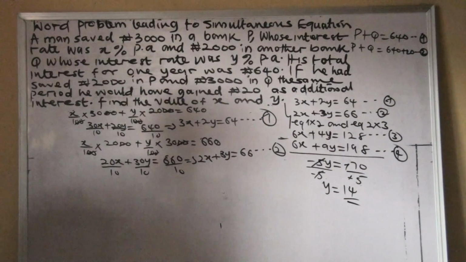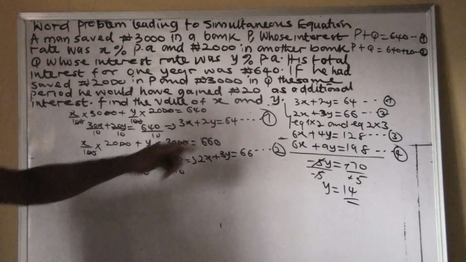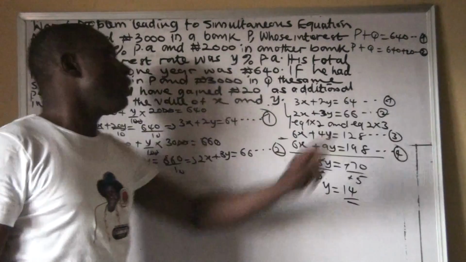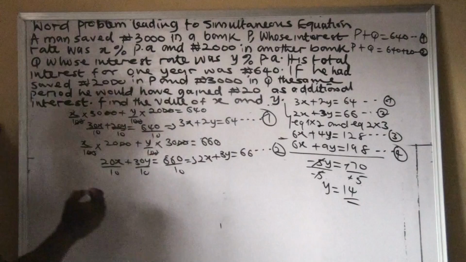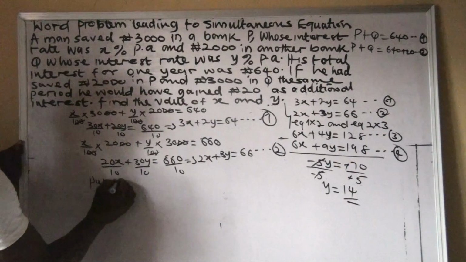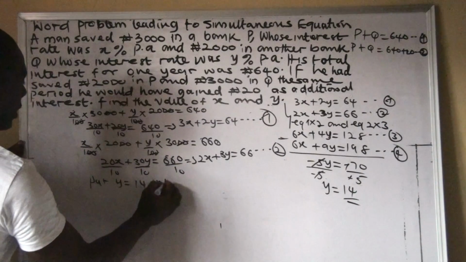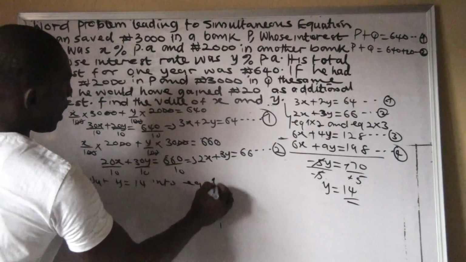Okay, now having obtained the value of y, we can put the value of y into either equation 1 or equation 2. Let's put y is equal to 14 into equation 1.